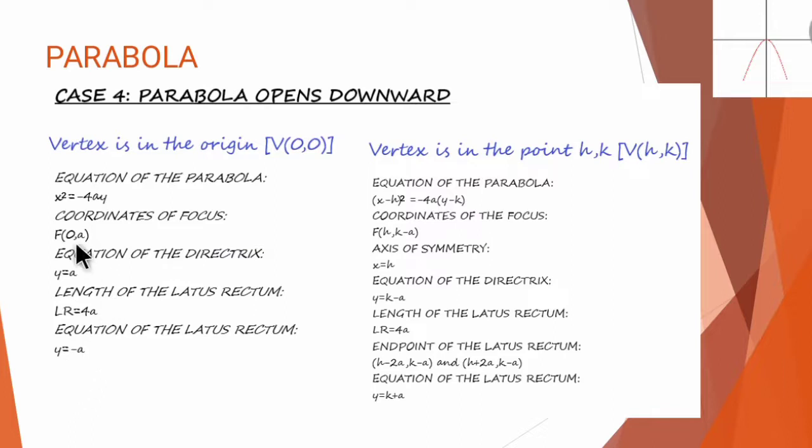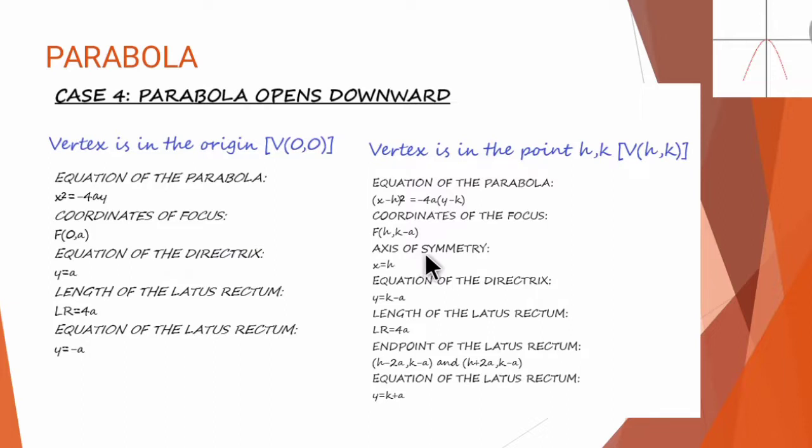So what if the vertex is in the point h, k or not on the origin? Equation of the parabola, we have the square of x minus h is equal to negative 4a times y minus k. Coordinates of the focus, we have h and k minus a.